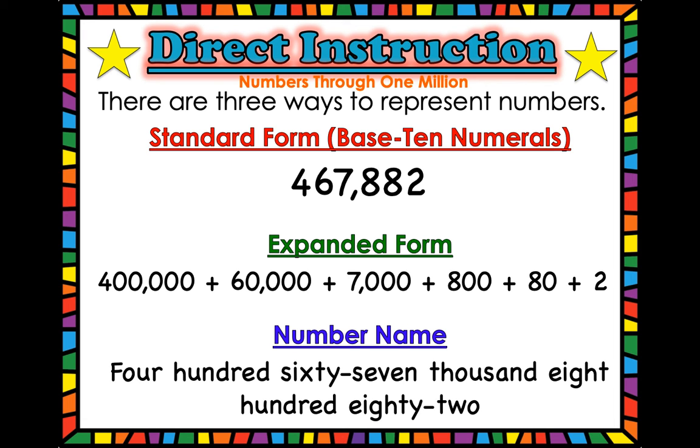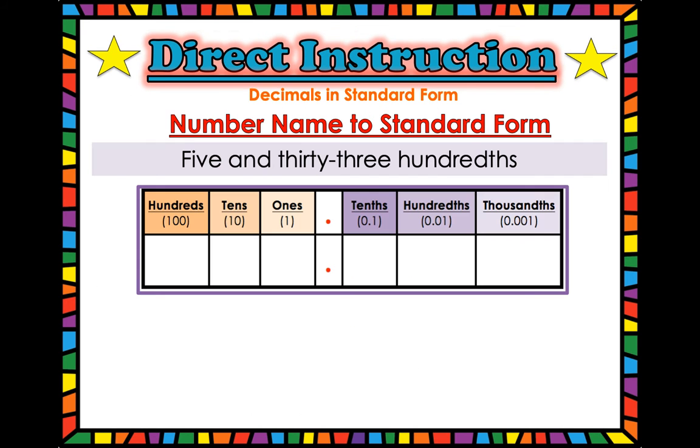467,882. So we're going to take this same basic understanding and put it toward decimals. So here we have the number name to standard form. We have 5 and 33 hundredths.